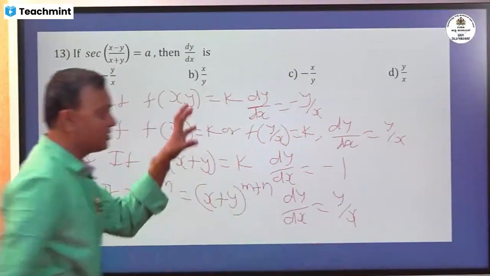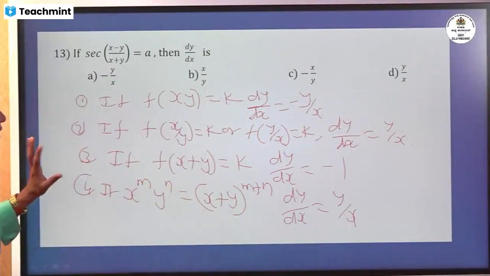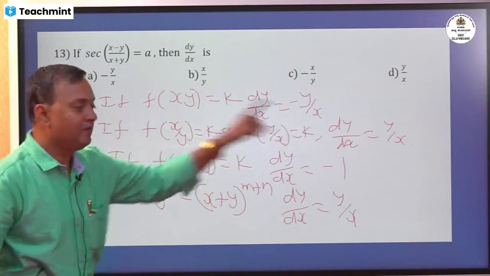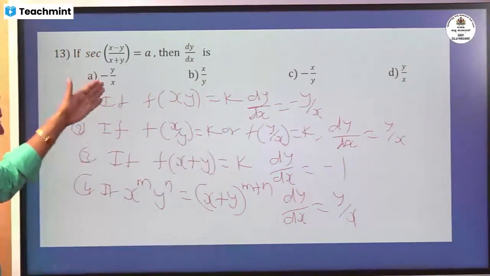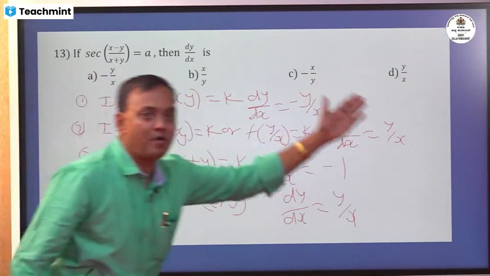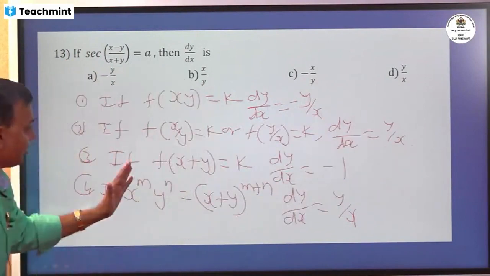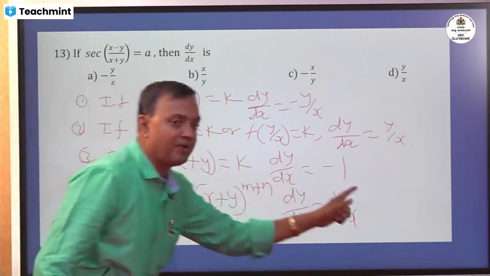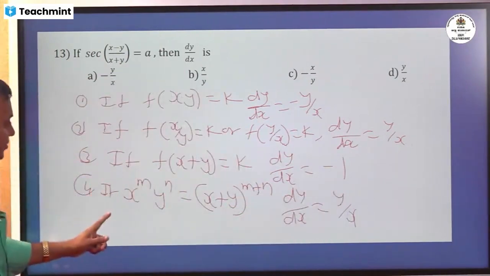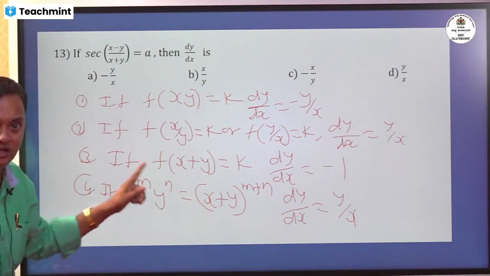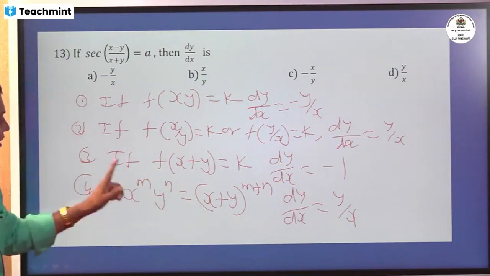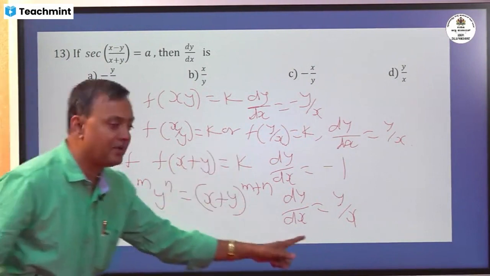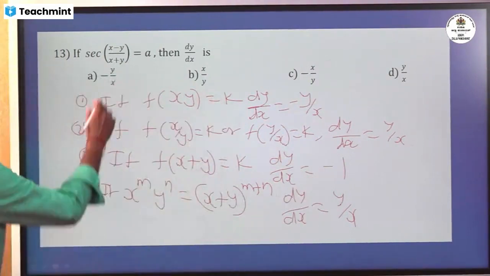So all this is standard, you should know this. If such a function comes, you can write the answer directly without solving. Function in the form x by y or y by x, dy by dx is y by x. The function of the form f of x plus y equal to constant, dy by dx is minus 1. If m and n are constants, x power m into y power n equal to x plus y whole to the power m plus n, then dy by dx is y by x. Here answer is y by x.